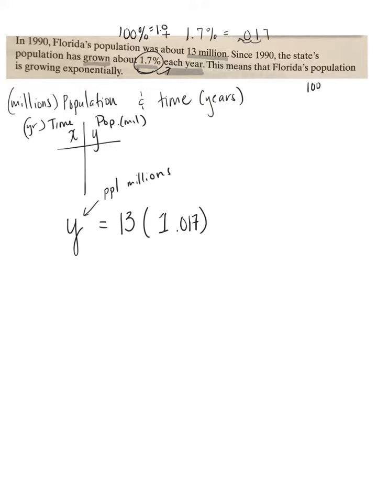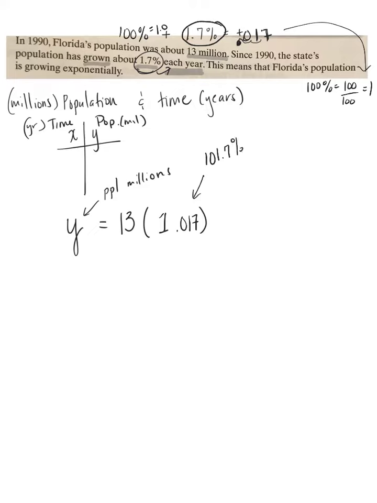Remember, 100% is the same as 100 over 100, which equals just 1. And if I'm adding an additional 1.7% every year, I'm having to add this 0.017 to my 100% every year. So that's where this comes in. This is 101.7% as a percent.